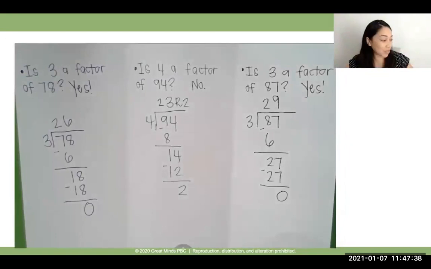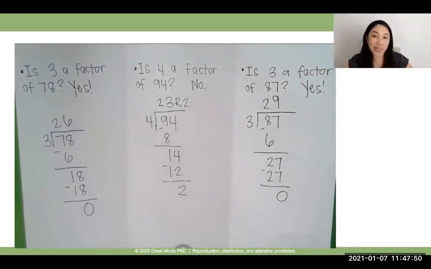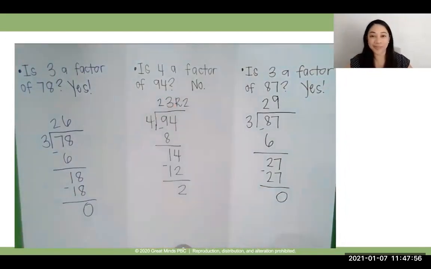Is 3 a factor of 78? Yes. How do we know? We know because when we divide 78 divided by 3, the quotient is 26 with no remainder. Is 4 a factor of 94? No. How do we know?